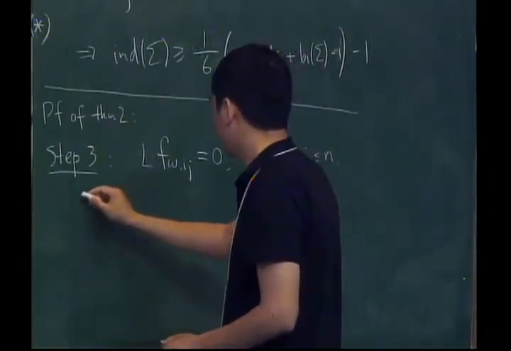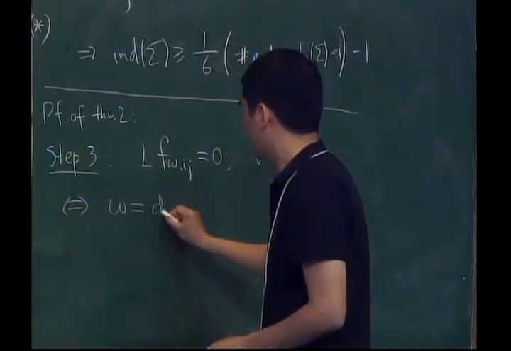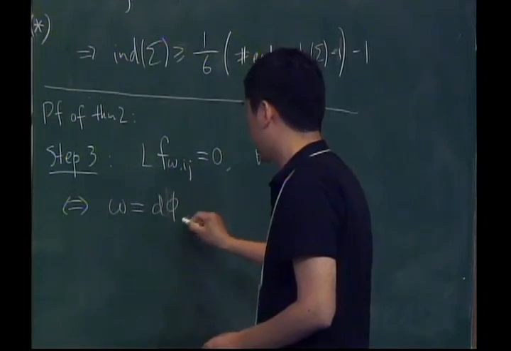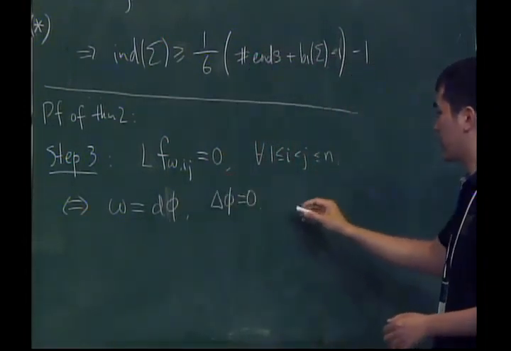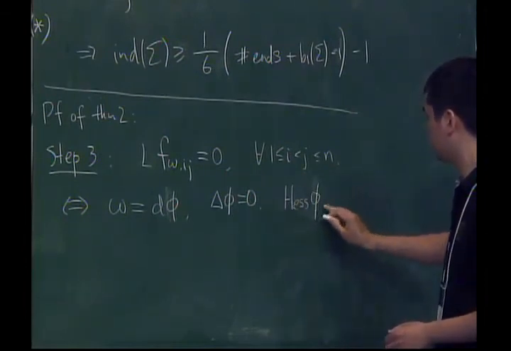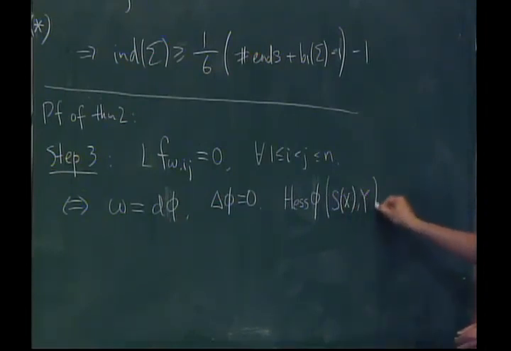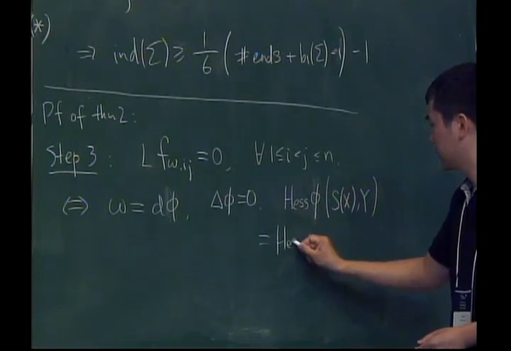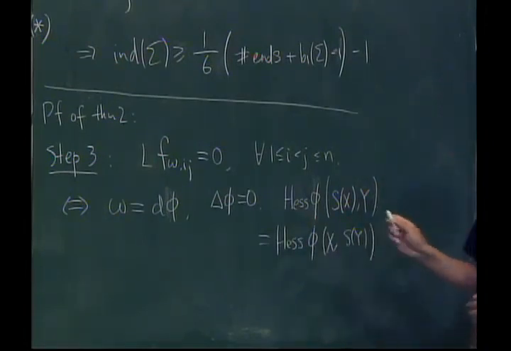What is true is that locally you write omega as the differential of a harmonic function phi, where the Laplacian of phi is 0. Then this condition means that the Hessian of this function and the shape operator commute.